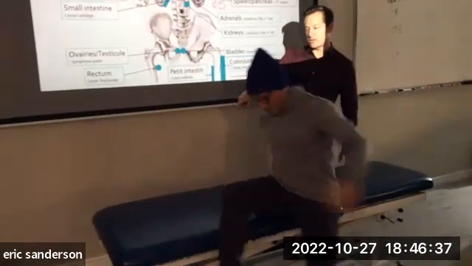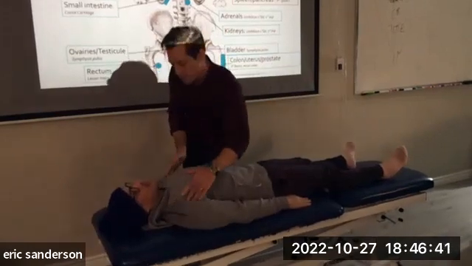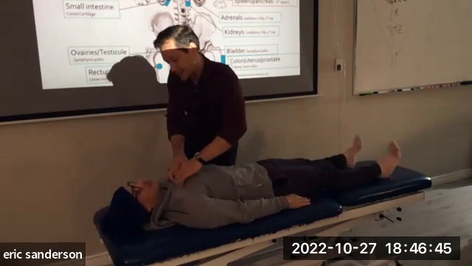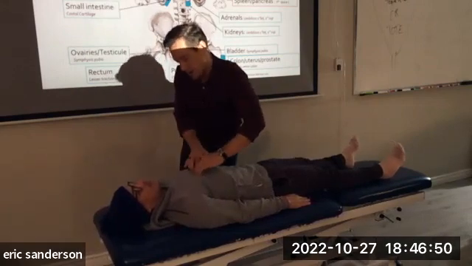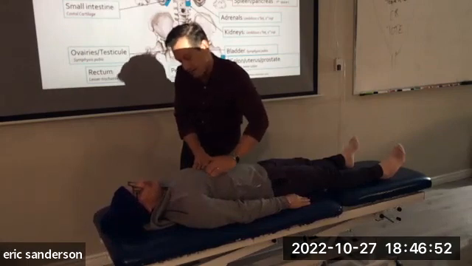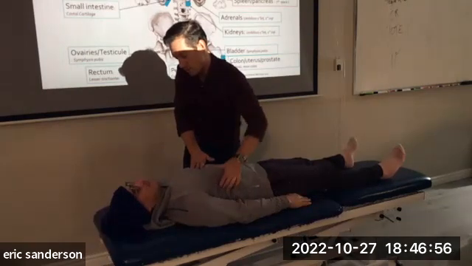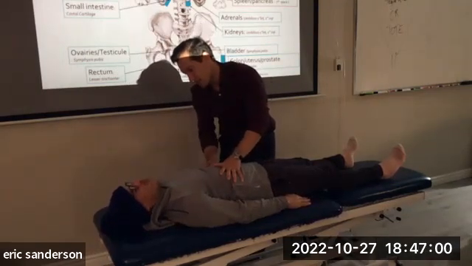Just put your head over there, just so I don't have to change sides. So: bicipital groove, eyes and ears; coracoid process, brain, sinuses; first intercostal space, parathyroid, thyroid, heart, lung, thymus on the right; fifth intercostal space, liver; fifth and sixth intercostal space, liver, gallbladder; sixth intercostal space on the left, stomach; seventh, pancreas.